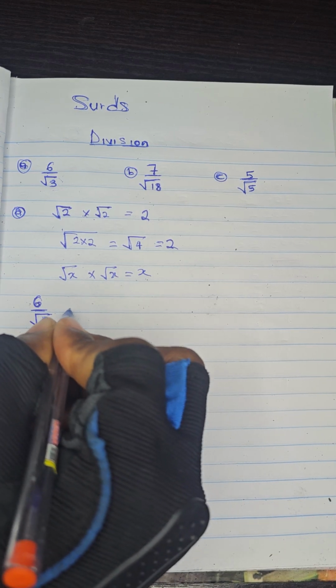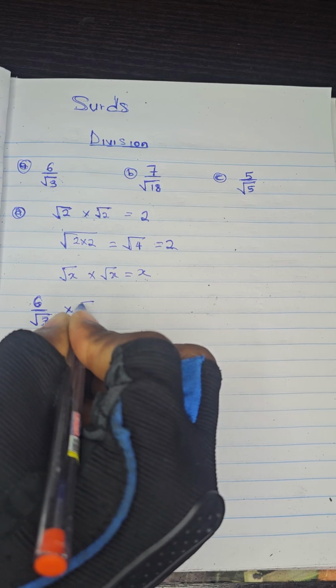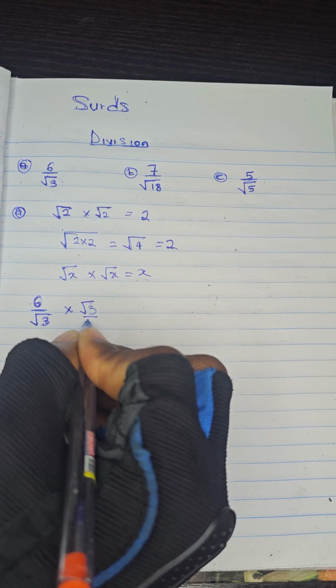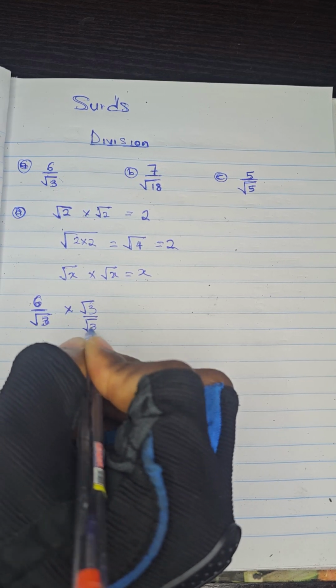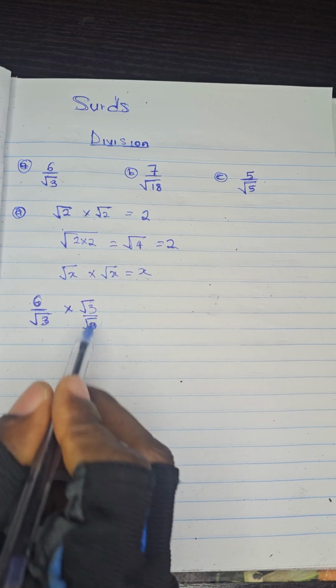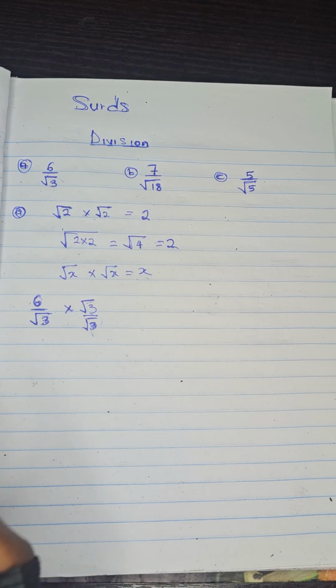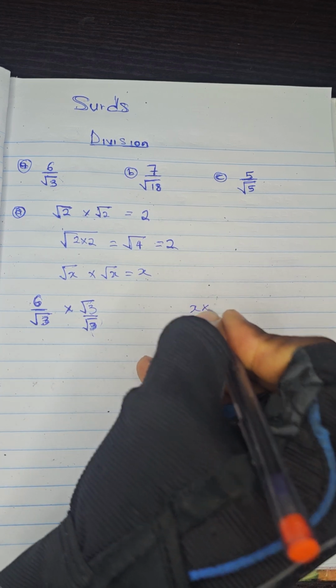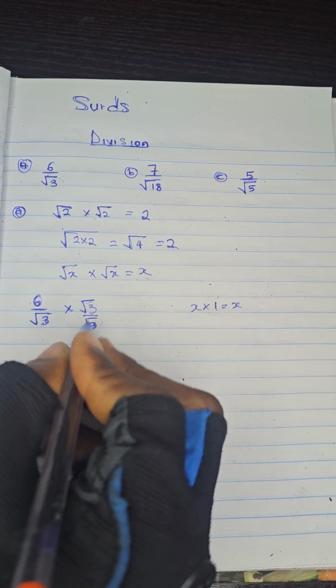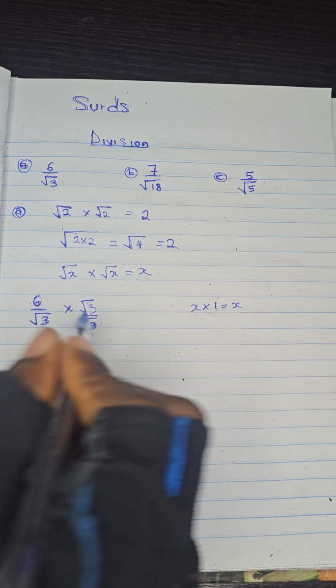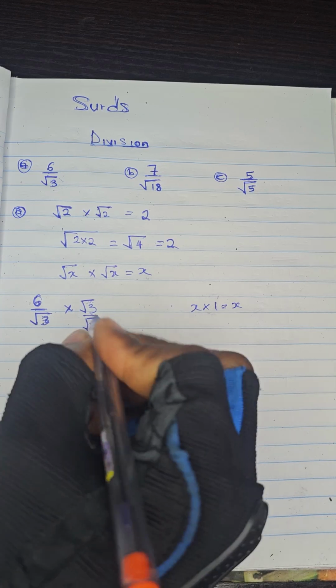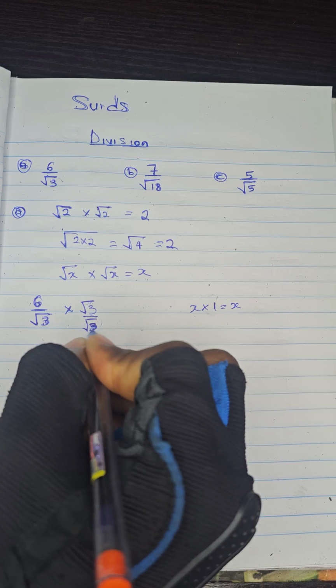So all we need to do is multiply this by square root of 3 over square root of 3. How do you get about this? Square root of 3 over square root of 3 is the same thing as 1, and any number multiplied by 1 is still the same number. You just say x times 1 is equal to x. So by multiplying this, we have not changed anything. We are still having the same value.